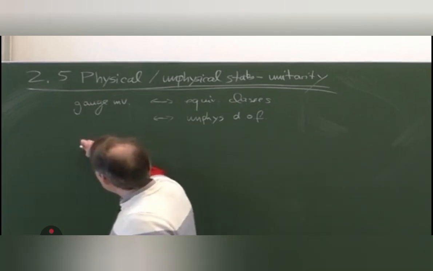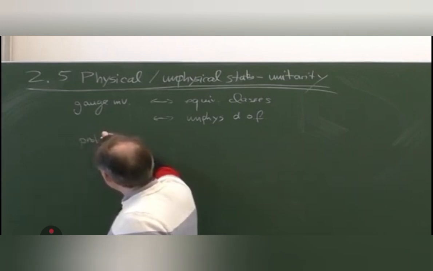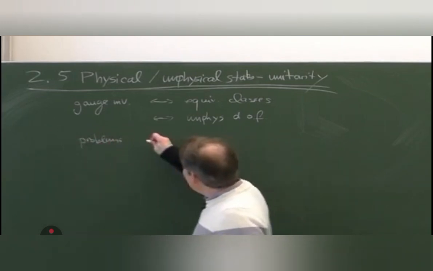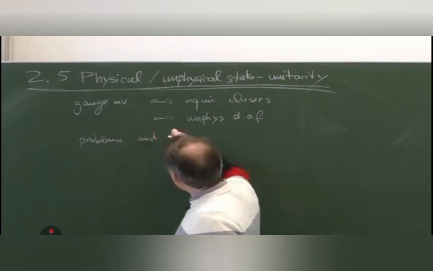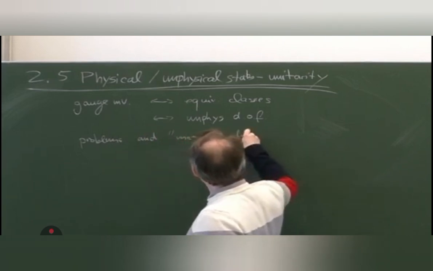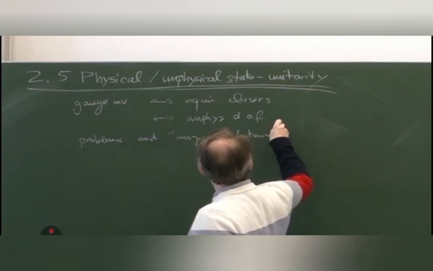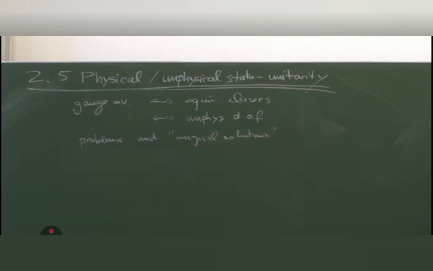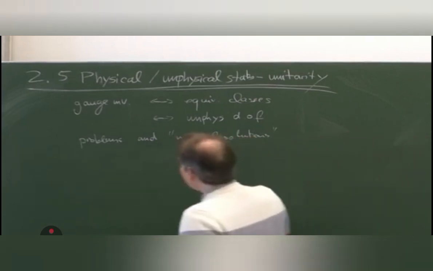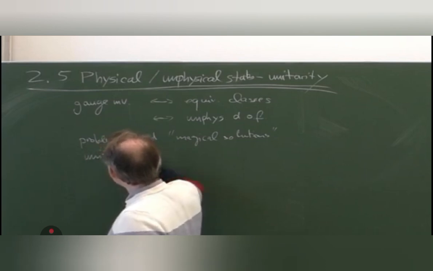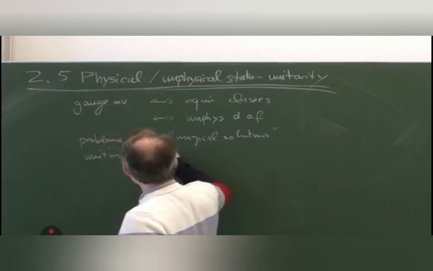And so what we want to discuss today is once again these typical problems and their magical solutions, as I call them. We discussed already the same thing in the context of electrodynamics, and so today we will repeat this. And ultimately we want to prove the unitarity of the physical S-matrix.